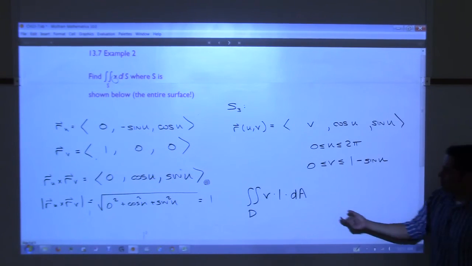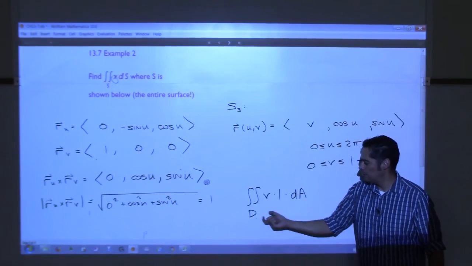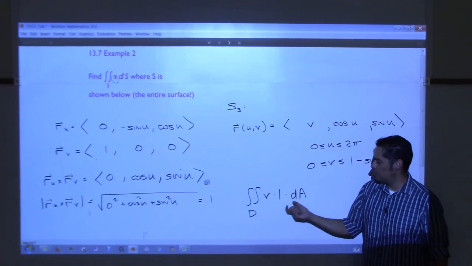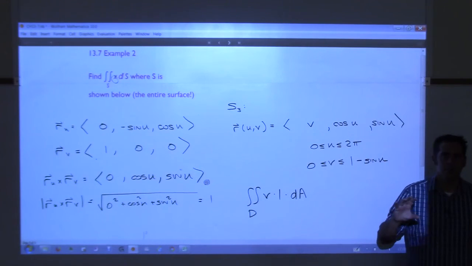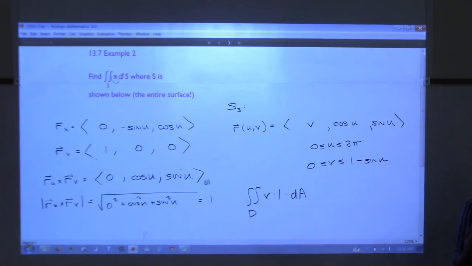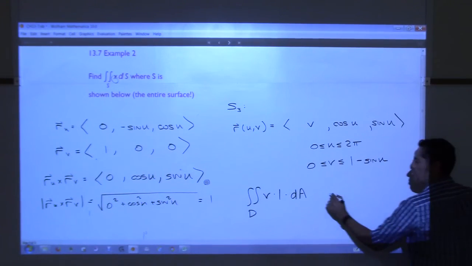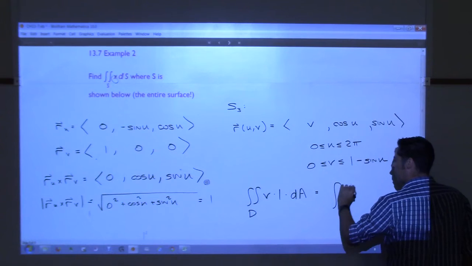Now tell me about your region D. You have those two parameters. Your region D is the domain that drew this surface. You don't need to look at any shadows or projections. It's right here. This is your restriction. So we can go straight from this over to the double integral.